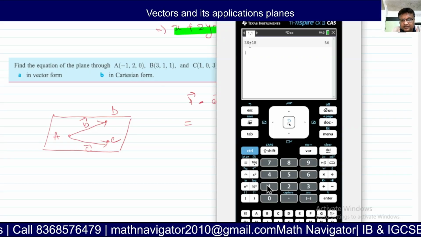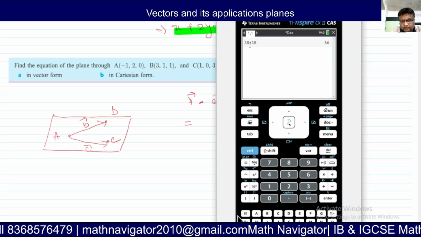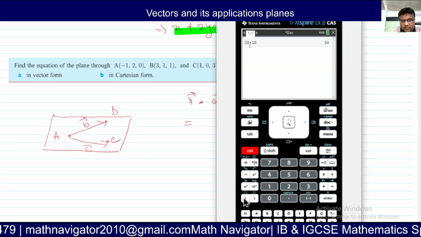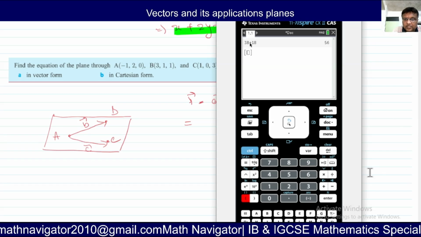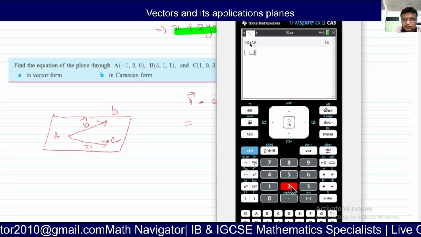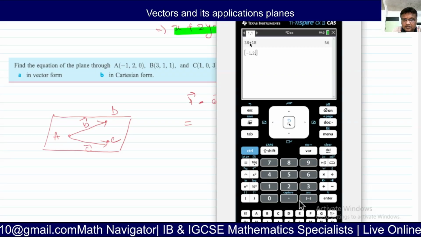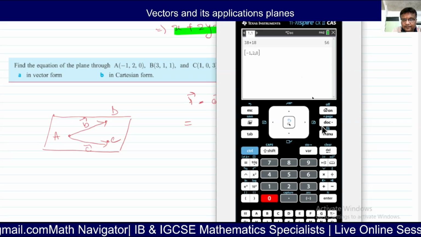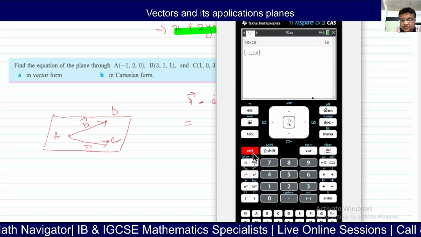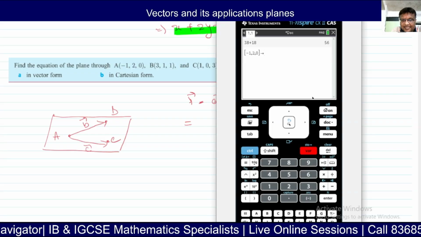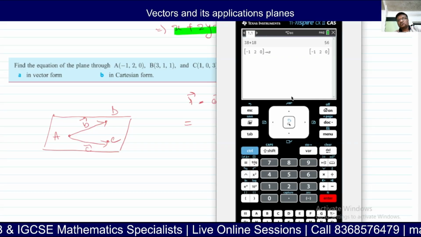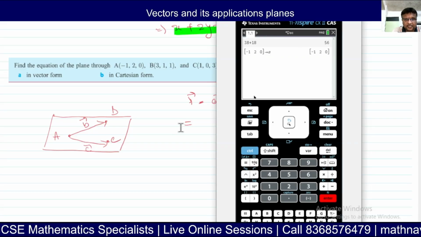I'll take this bracket, minus 1, comma, 2, comma, 0, right, and store it as A. Hit enter. So this vector is stored as vector A.